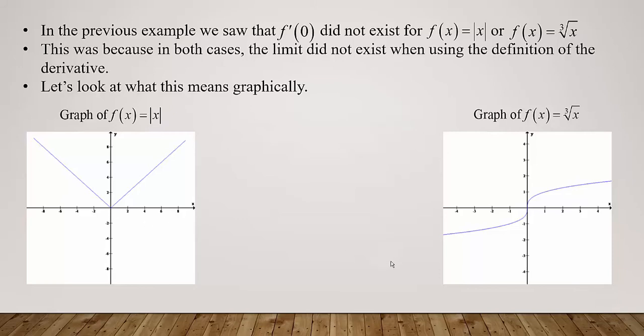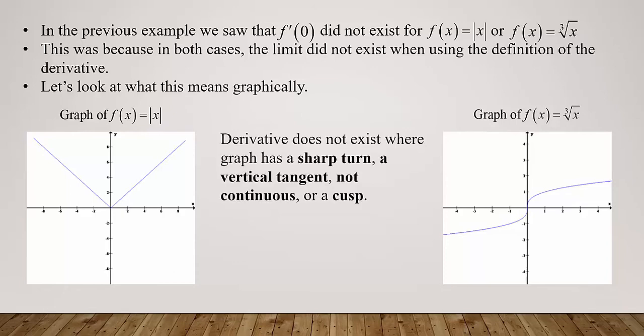Notice on the graph of cube root of x, at x equals 0, if I were to draw a tangent line there, I think the tangent line would be a vertical line. And we know vertical lines have undefined slope. So what does this mean graphically?